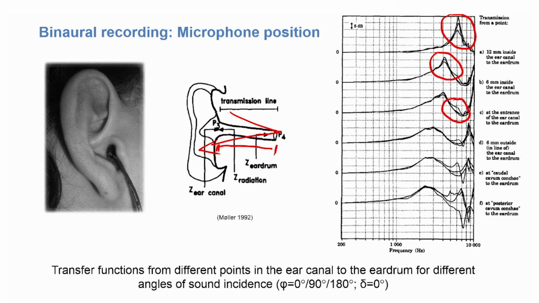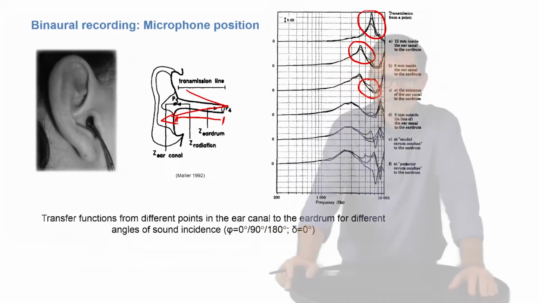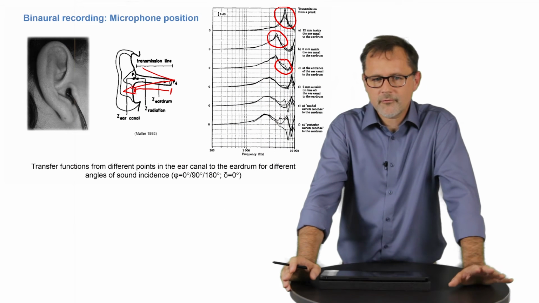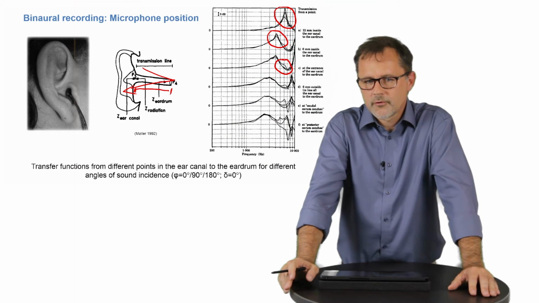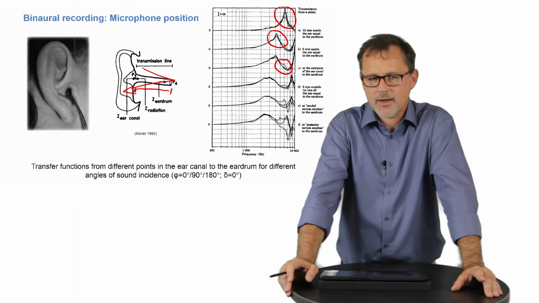So the standard approach is to place a small microphone some millimeters inside the blocked ear canal. And this is what you have on the left picture, with a silicone plug holding the microphone and blocking the ear canal at the same time. This is then the reference point to which your reproduction system should be equalized.